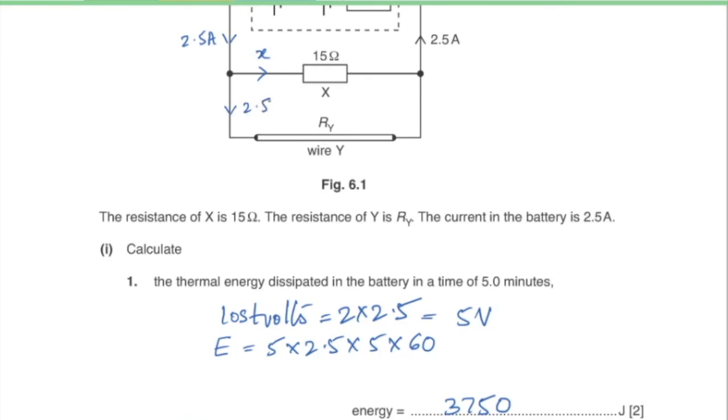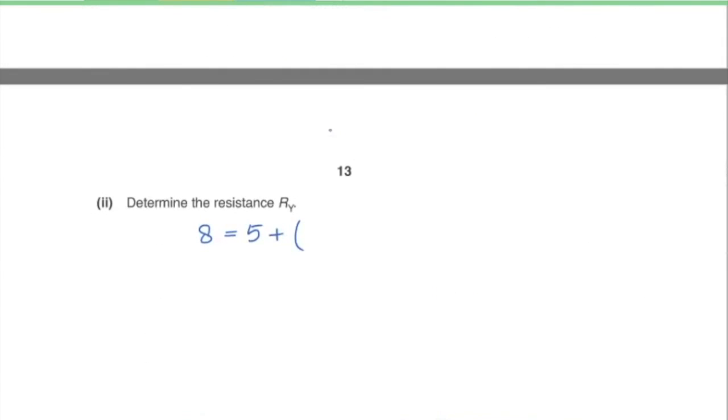So this will be 2.5 minus X. The voltage across 15 ohms is 15 into X, plus the voltage across resistor Y, which is Ry into the current across it, 2.5 minus X.